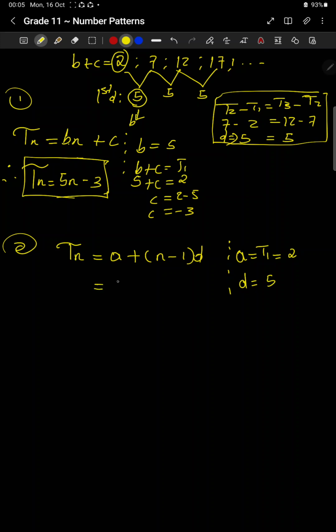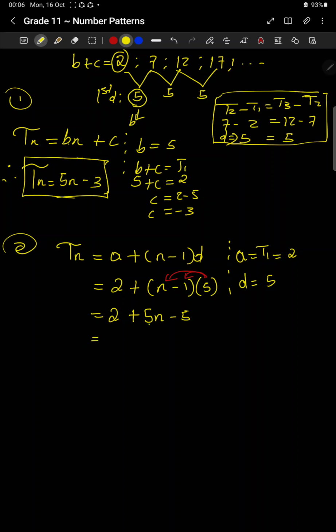So in the place of a, we're going to put 2 plus n minus 1. In the place of d, we're going to put 5, and then we multiply it out. So when we multiply this out, it's going to be 5 times n and 5 times 1. So what do we get? We first drop 2, 5n must be plus 5n, and then 5 times negative 1 must be negative 5.